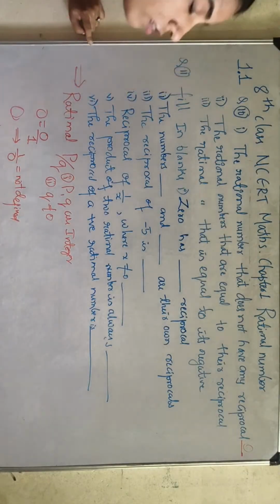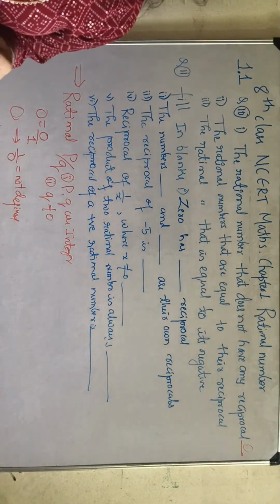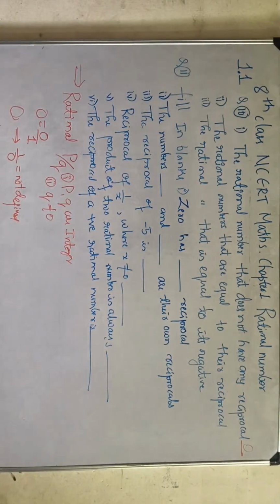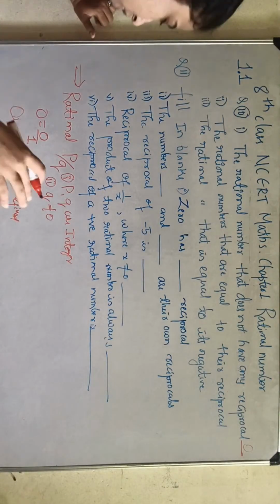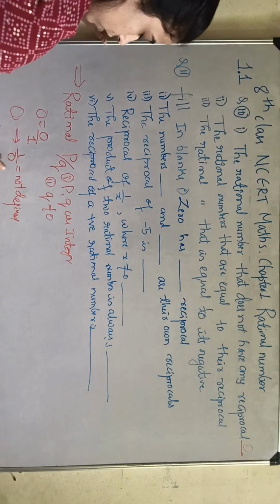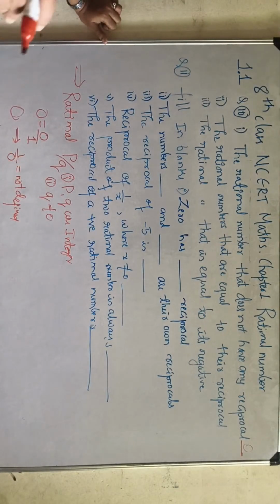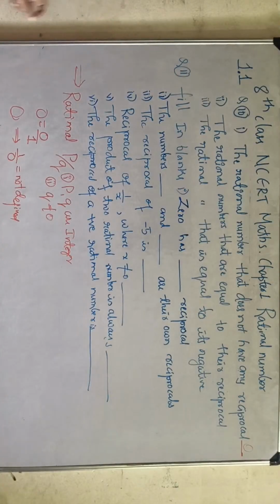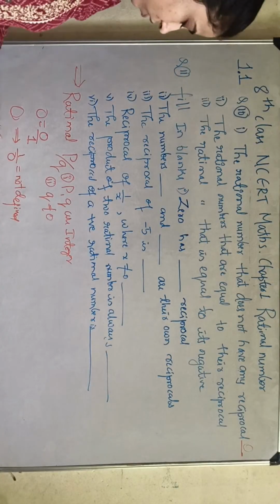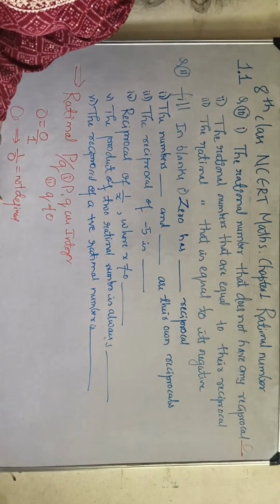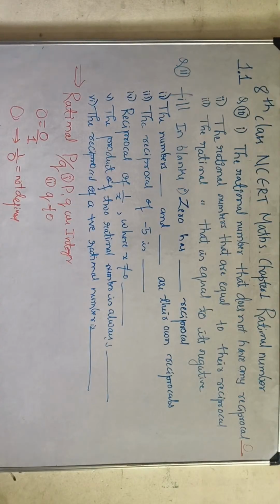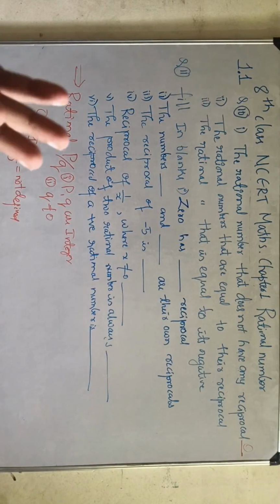In mathematics, the denominator can't be 0. It is a sin, I'm telling in a sarcastic way. Because it is an undefined term. So the reciprocal 1 by 0 is infinite or not defined. That's why 0 doesn't have any reciprocal. What is the reason behind that? You got the point?